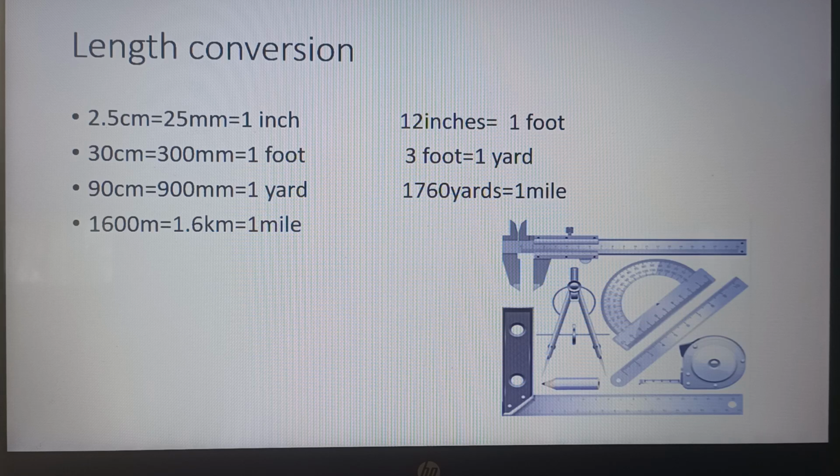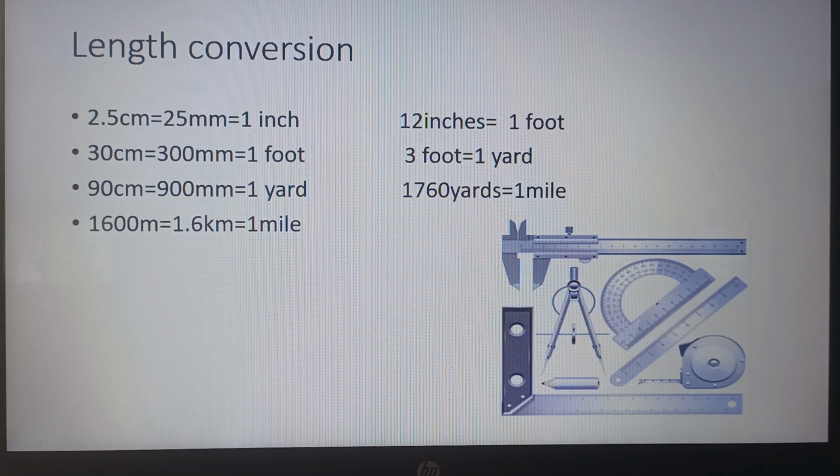Or 90 centimeters equals 900 millimeters, which is the same as 1 yard. Or 1600 meters equals 1.6 kilometers, which equals 1 mile. If you're just using imperial, 12 inches equals 1 foot, 3 foot equals 1 yard, 1760 yards equals 1 mile.